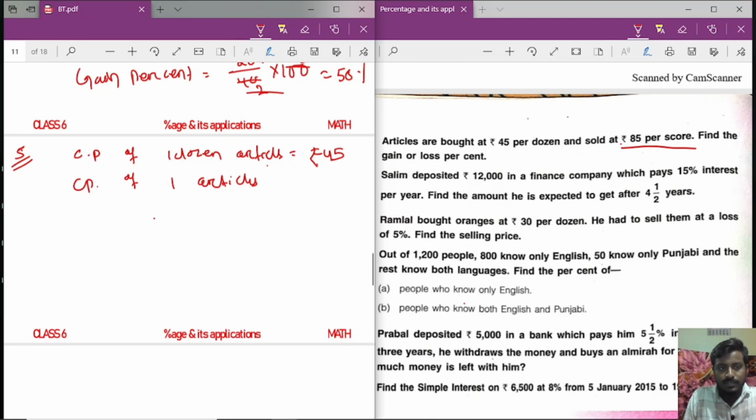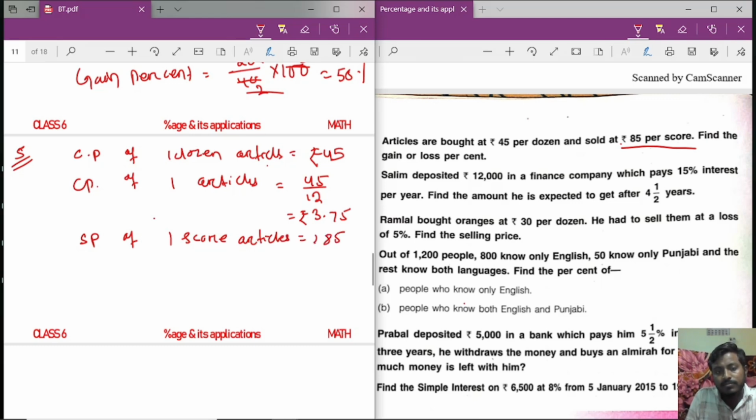So we can find CP of one article equal to how much? That is 45 divided by 12, because 1 dozen is 12 pieces. So equal to rupees 3.75, that is 3 rupees 75 paisa. Now similarly you can write SP of one score articles equal to rupees 85.